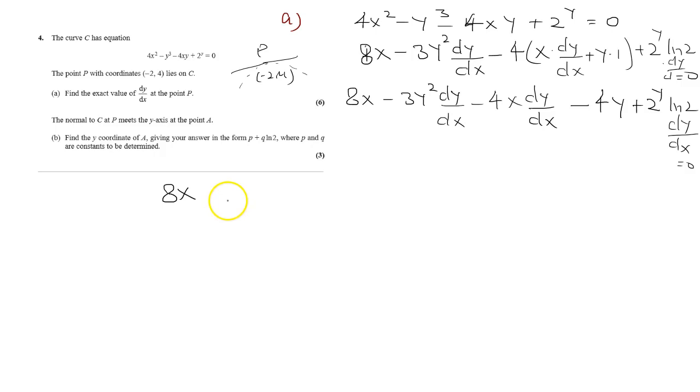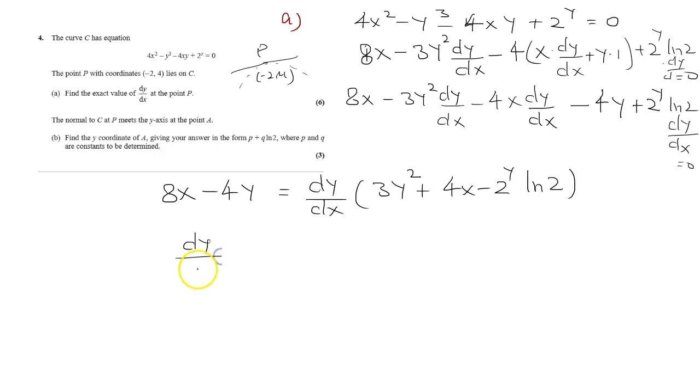So let me write it here. 8x minus 4y is equal to dy over dx times 3y squared plus 4x minus 2 to the power y ln 2.